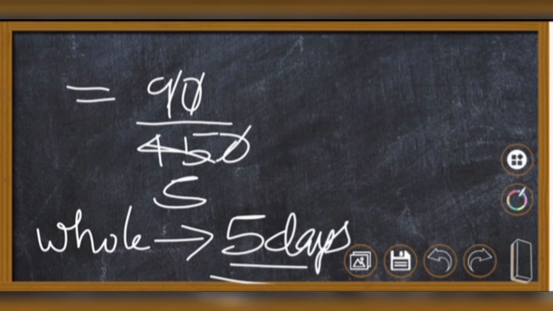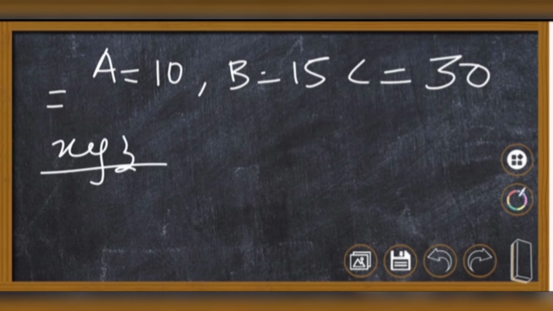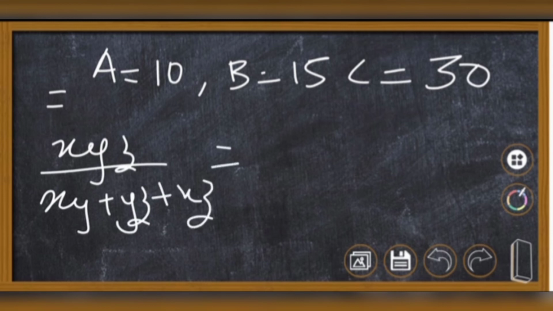Okay. Now we can directly substitute the values into the equation. A can do the work in 10 days, B can do the work in 15 days and C can do the work in 30 days. So xyz divided by xy plus yz plus xz is the time taken for them to do the whole work.